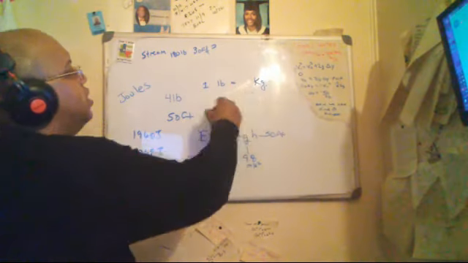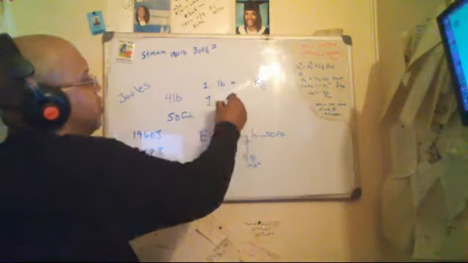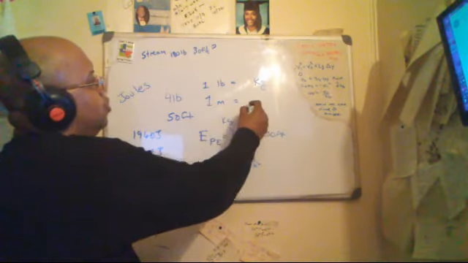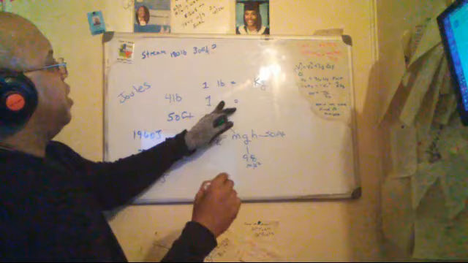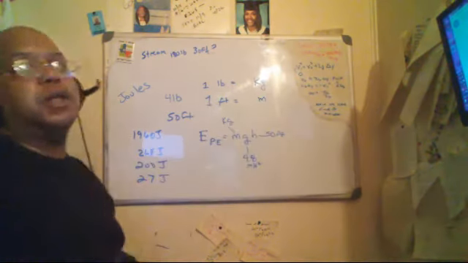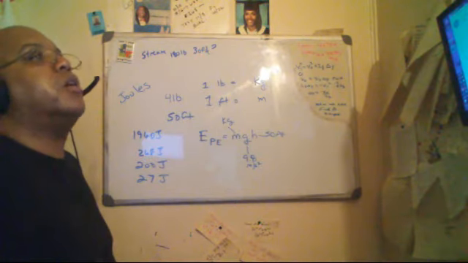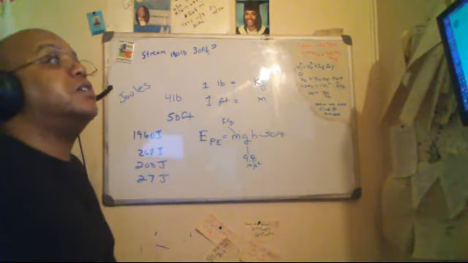Who's paying attention in the room? And then we're going to have to look at meters. 1 foot is equal to how many meters, guys? Looking for answers in the room, because I did put it up on the board earlier, and you guys should be taking notes.